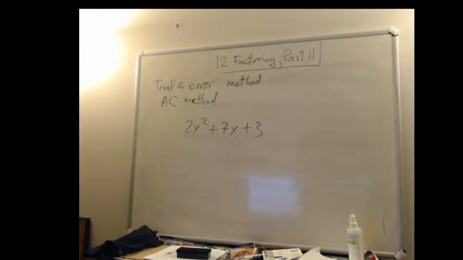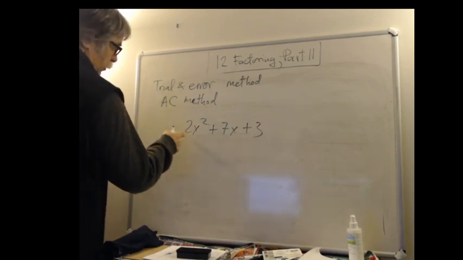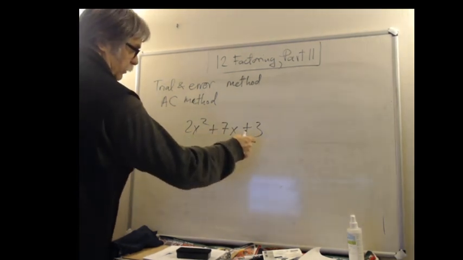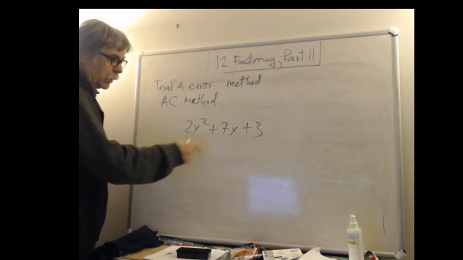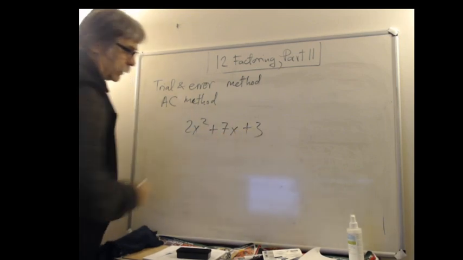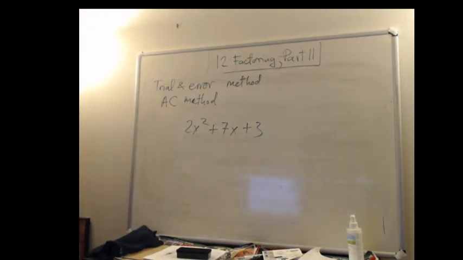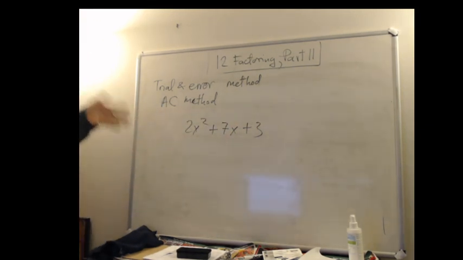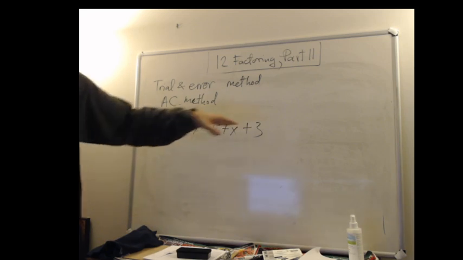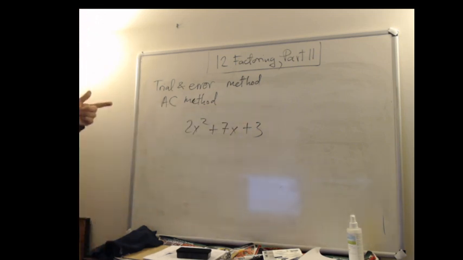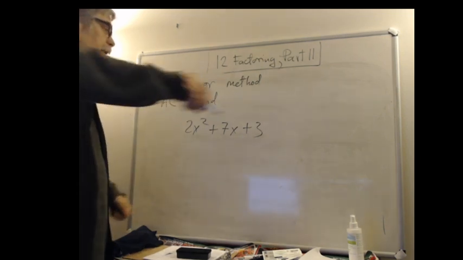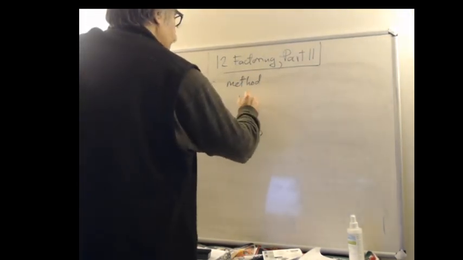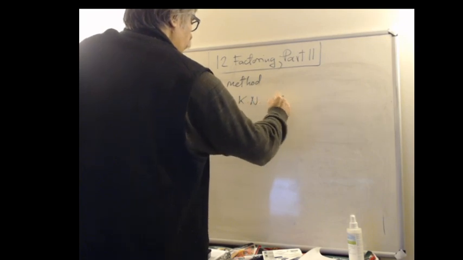This coefficient is called A, this one is called B, this one is called C. So A is 2, B is 7, and 3 is C. Not a term, but coefficients, numbers, right? 2, 7, 3. So you multiply A and C, which is 2 times 3, and you call that the key number. 6.